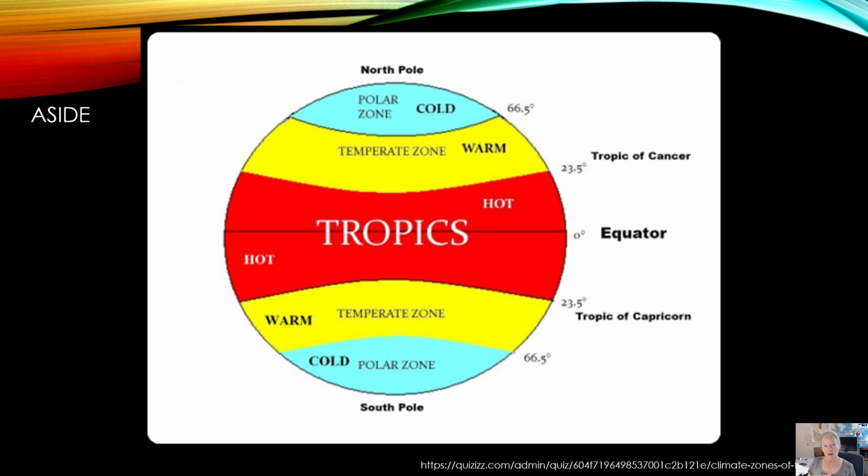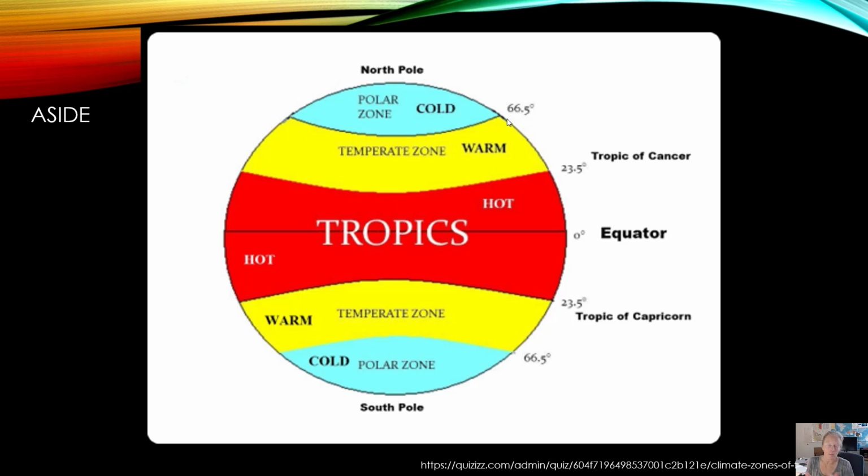All right, now, just to make sure we are all on the same page, we've got our North Pole and we have our South Pole. 66.5 degrees north and 66.5 degrees south. That's the Antarctic Circle and the Arctic Circle. Once you go above or below 66.5 degrees, you're getting into areas where sometimes they don't get any light from the sun for 6 months a year.